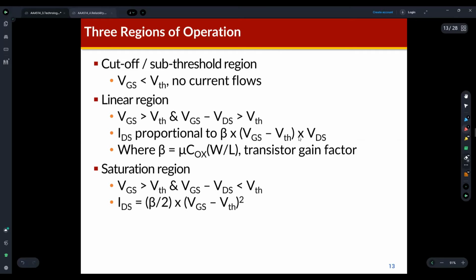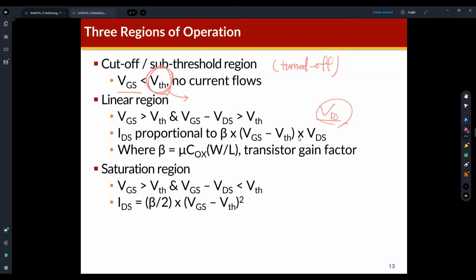VDS. So what is the cutoff region? This means the transistor is turned off, which means the channel is not generated between source and drain. The cutoff region is defined as when VGS, the gate voltage level, is less than the threshold voltage, which is very important in most transistor technology.